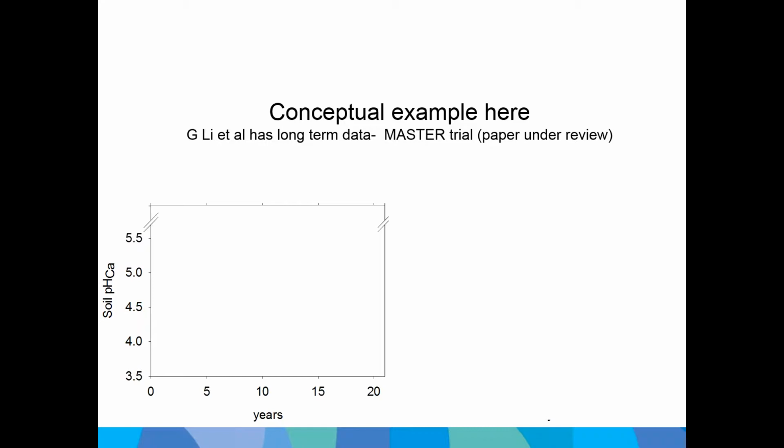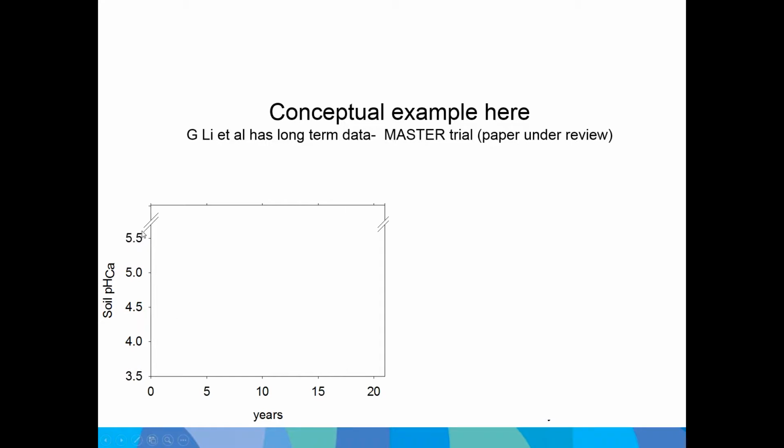So we've got the data that demonstrates this, but I want to take you through a conceptual example, using some of the trends that data shows. I've got 0 to 20 here, so it's going into the future, but the actual data was going back into the past. So we know what happens over a period of time because there was a long-term trial.